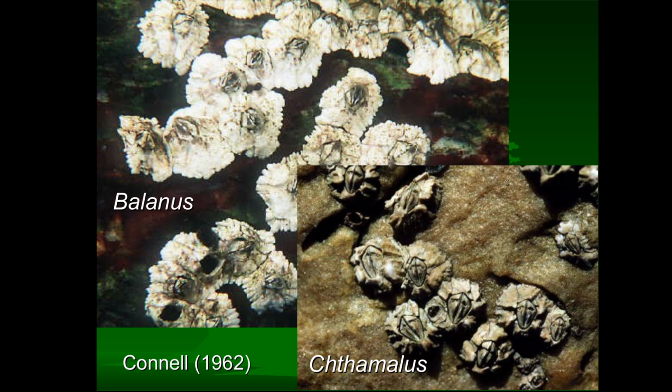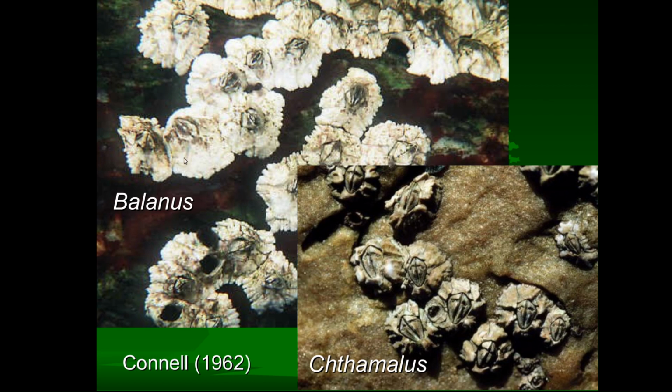So in this study, Connell looked at two species of barnacles. These were Chthamalus and Balanus that grow in the upper intertidal in Scotland and many places throughout temperate latitudes. And he observed that adult barnacles of the two species were distributed differently on the shore.